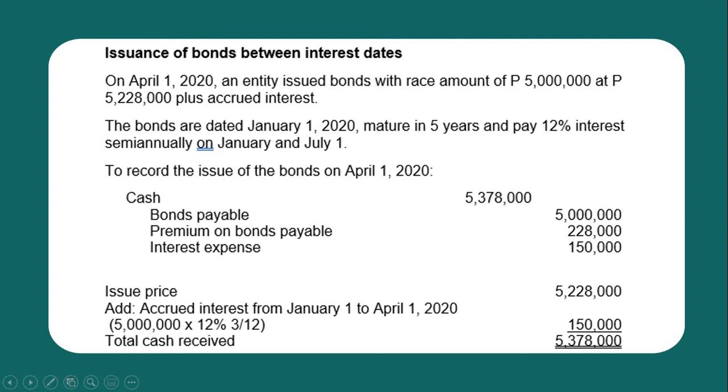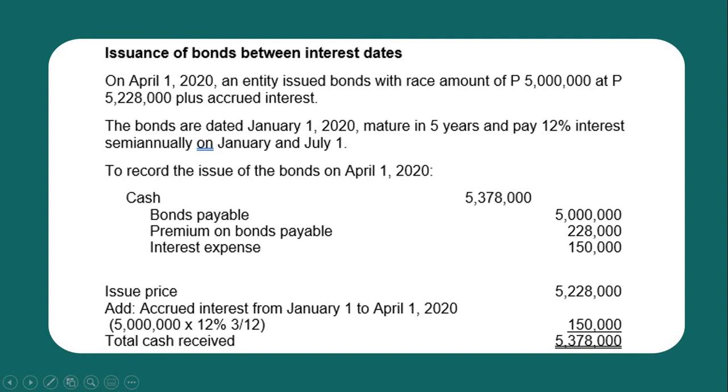All in all, the total cash received by the issuing entity is 5,378,000. So the entry: debit cash, equal to the total cash received, 5,378,000. Credit, bonds payable, 5 million.